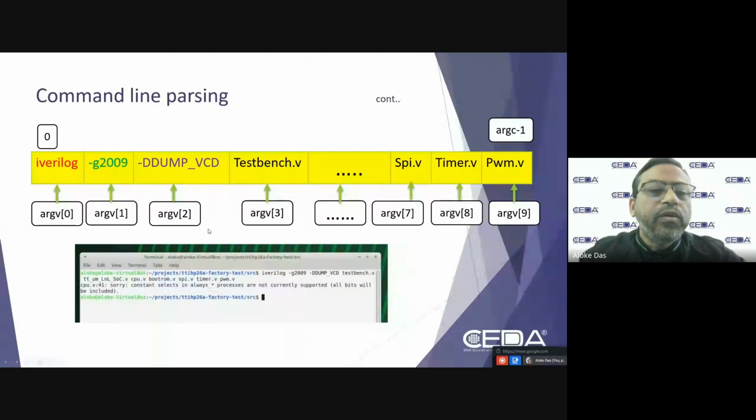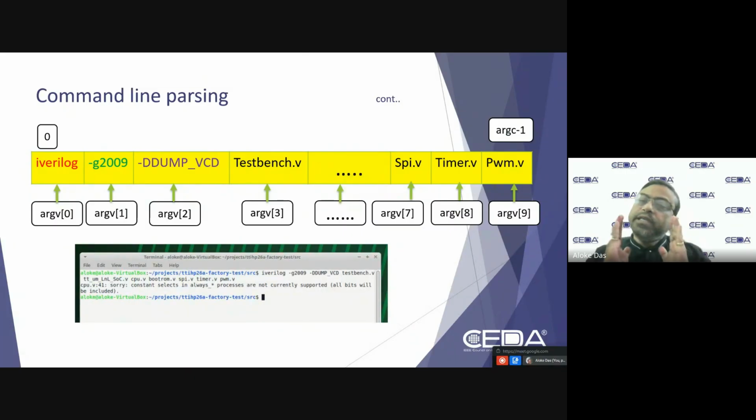Everything will be stored separated by space, by default. If there is a space, then the whole thing becomes an element of this argv array. And how many elements are there? That will be argc. That's why we have used argc.